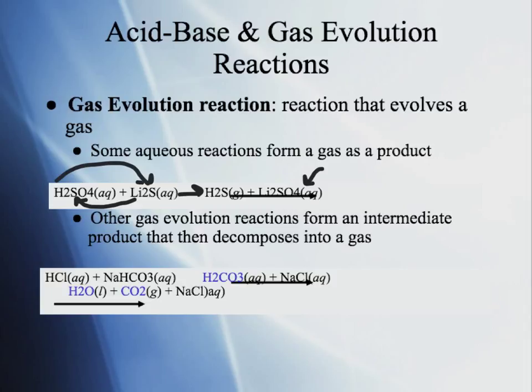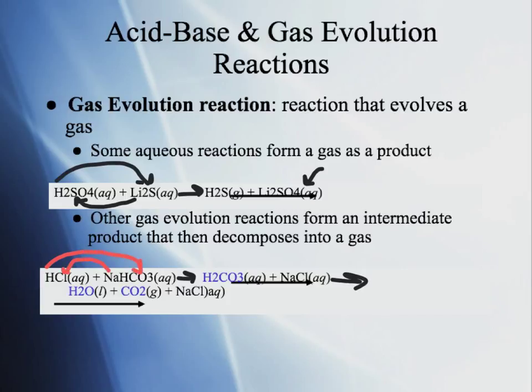All right. Other gas evolution reactions aren't this simple. They form intermediate products, which then decompose into gas. So, like this one, which is hydrochloric acid with sodium carbonate, actually sodium bicarbonate, they call it. Again, we're going to see that there's going to be a switcheroo.